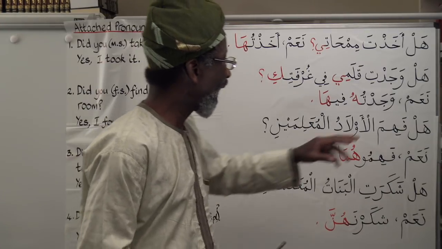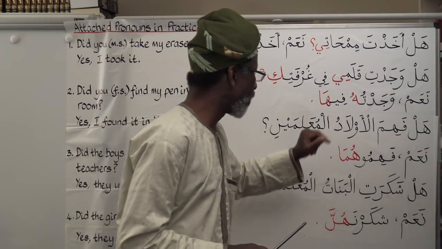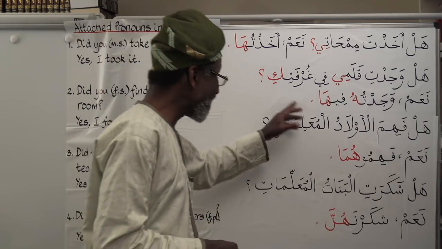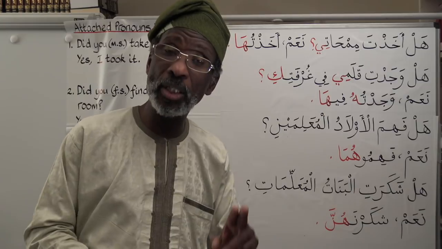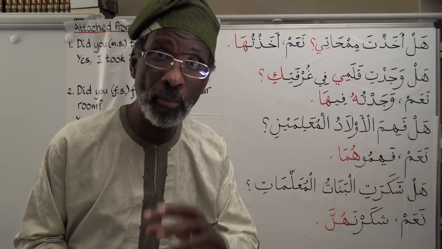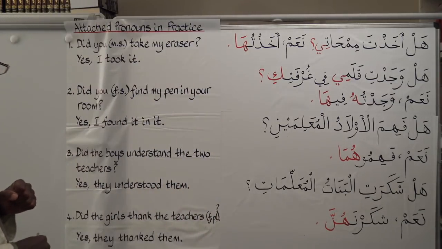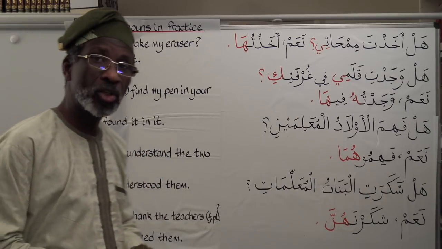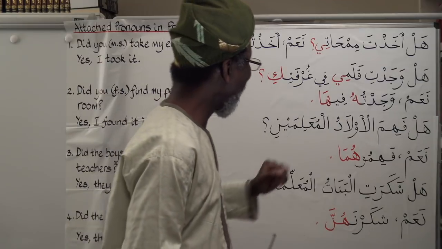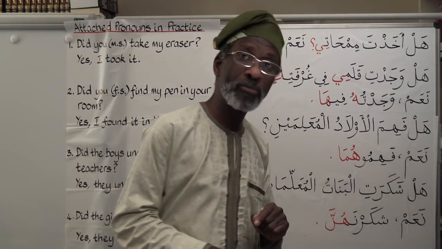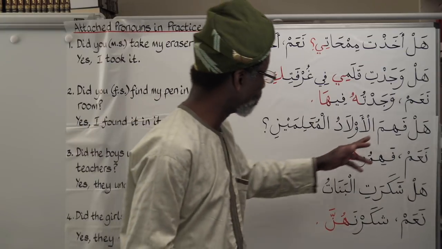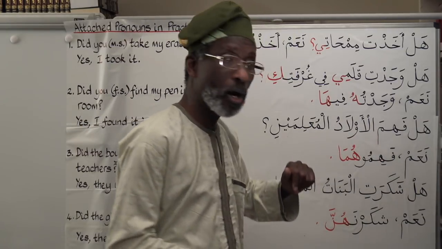Next one. هل فهم الأولاد المعلمين؟ Remember, any ending, then we are talking about dual. Two people, two teachers. Did the boys understand the two teachers? هل فهم, that's your verb to understand. That's "he understood", because we are starting with the verb before the noun.